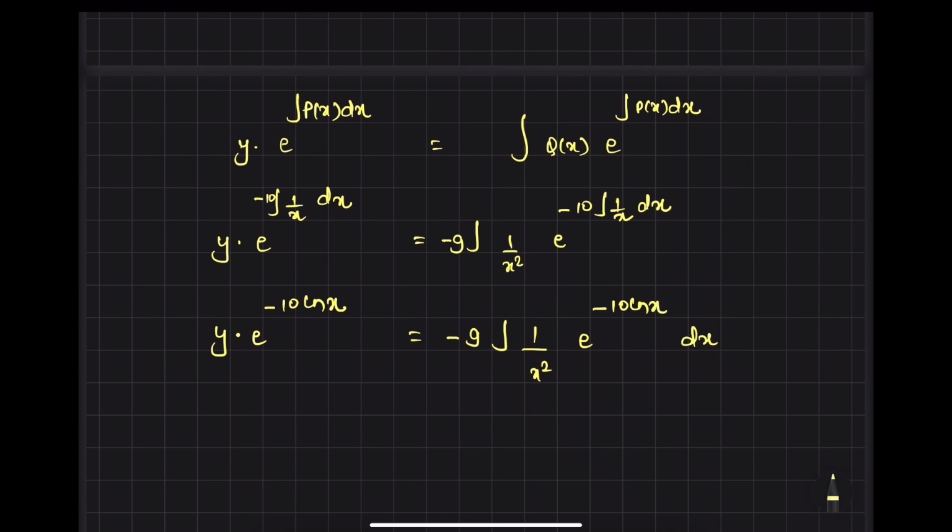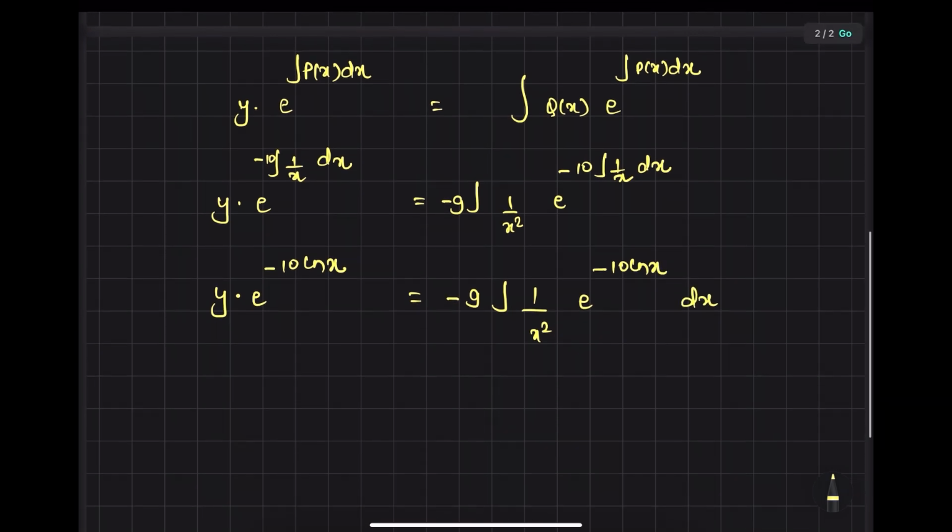Here we have to do integration again. Now can I rewrite this as e power ln x power minus 10, and likewise 1 by x square times e power ln x power minus 10 dx.